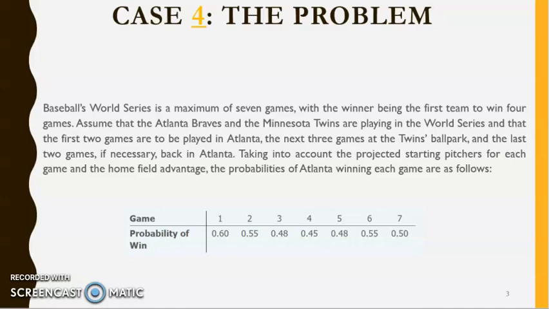The reason it says a maximum of 7 games is that when one team gets 4 wins, that is enough to say which team is the winner. The first thing we are discussing is why it is not a specified number of games: because it depends on how many times each team wins.